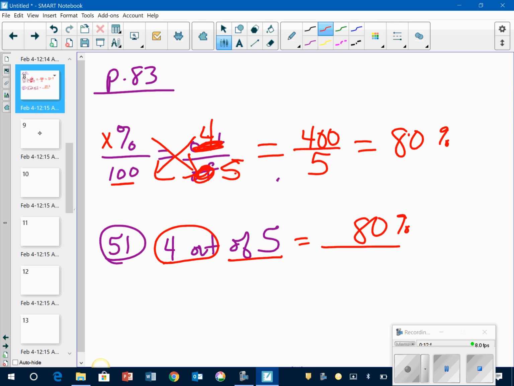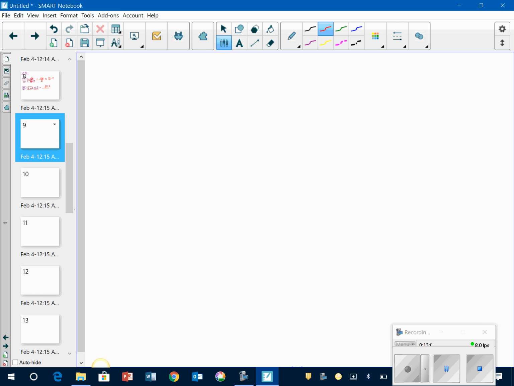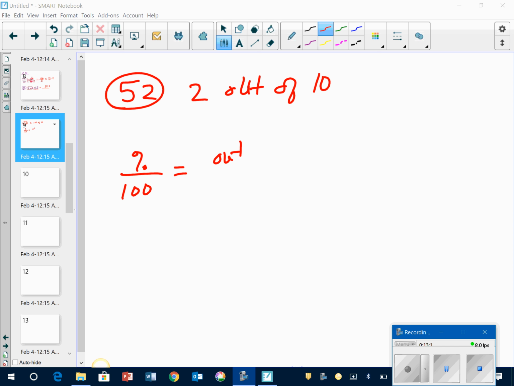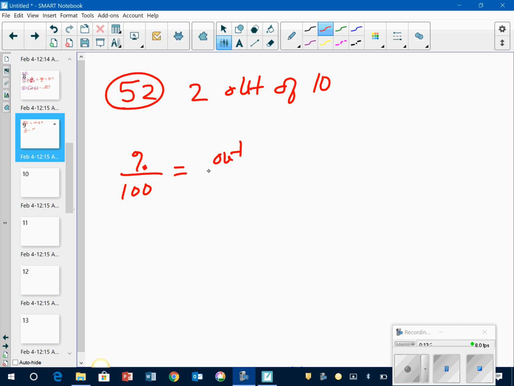Okay, we'll do a couple more of these. Number 52 is asking for 2 out of 10. Again, same formula, percent over 100 equals out over of.